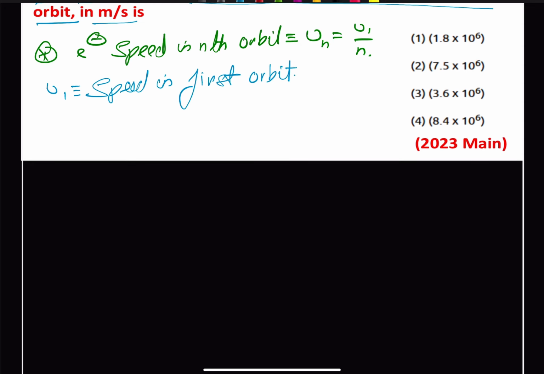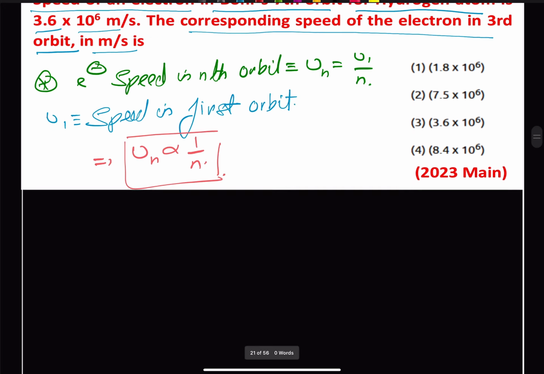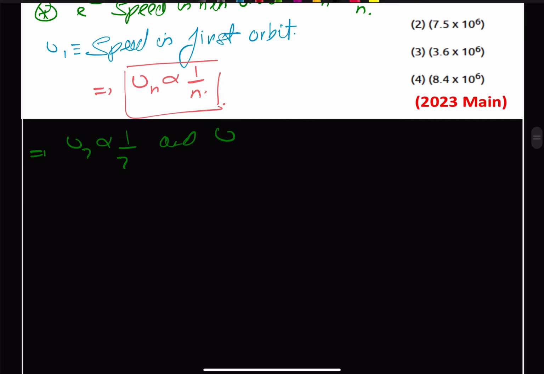Or from here we can also write in terms of proportionality that V of n is proportional to 1 upon n. So we can divide this proportionality into two parts. First is our 7th orbit and second is our 3rd orbit. Therefore V of 7 is proportional to 1 upon 7 and V of 3 is proportional to 1 upon 3.